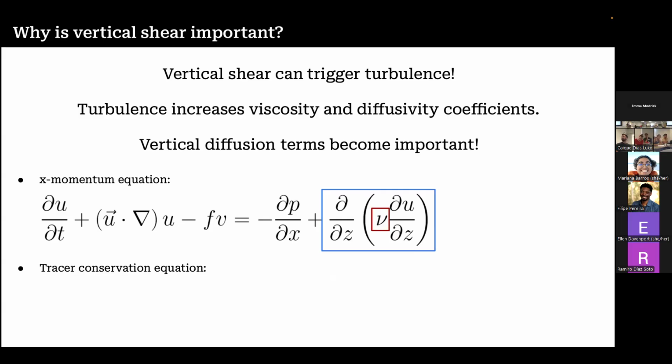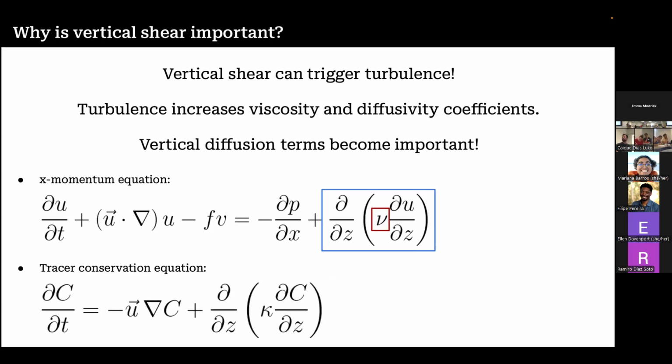Then for the tracer conservation equation, similar example, we have the rate of change of tracer C. It changes because of advection and vertical diffusion, and turbulence is going to increase the kappa, the diffusivity, and this term is going to become more important. So those are the two main reasons why vertical shear is so important in turbulence.